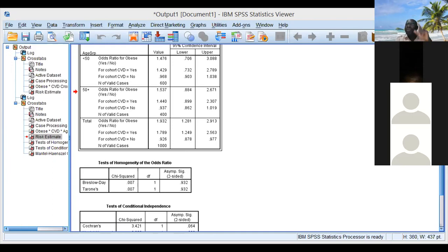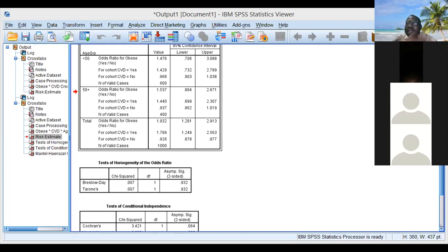So now we want to show that age is what made it significant before. Now that we have split it for different age groups, it is no more significant for each of them. But we still want to know whether this particular age is an effect modifier or a confounder. We want to know if each odds ratio for each stratum is close, because if it is a confounder, they should be close, they should be the same.